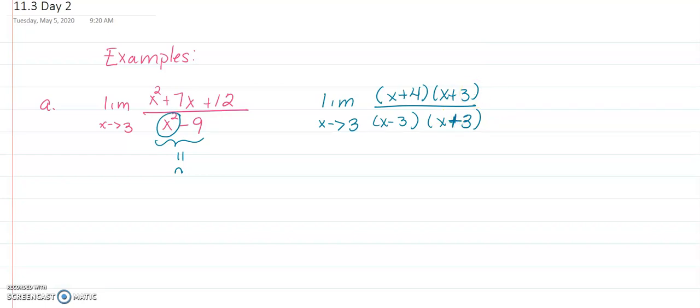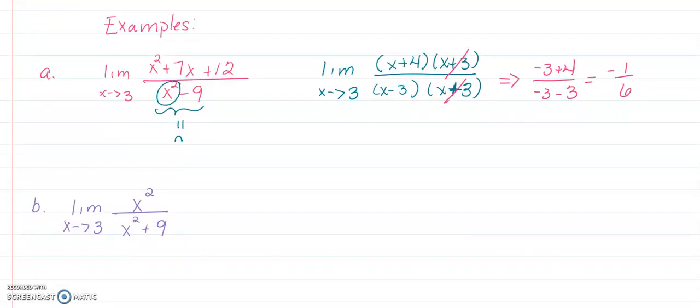And so these factors divide to 1, and now I can attempt that substitution. Notice I did not write the limit statement down again, because now that I'm able to substitute, I'm actually finding the limit, and I have found the limit to be negative 1/6.